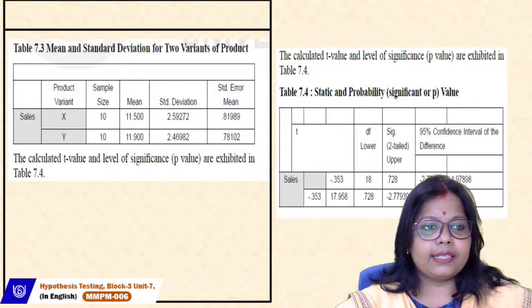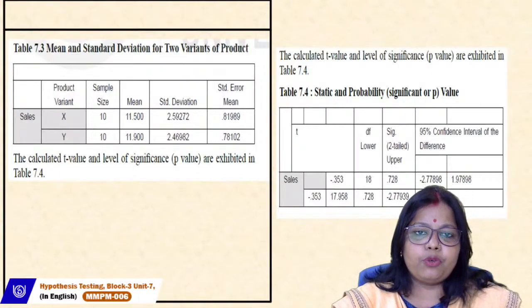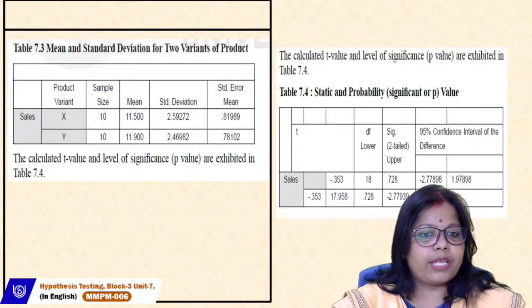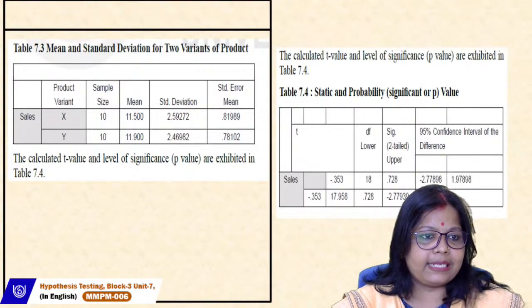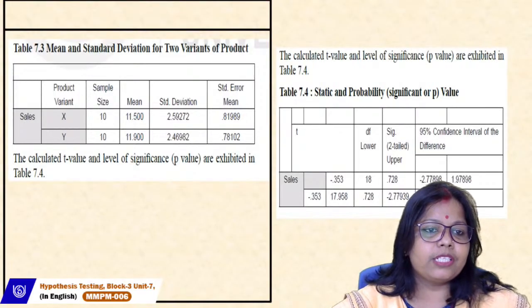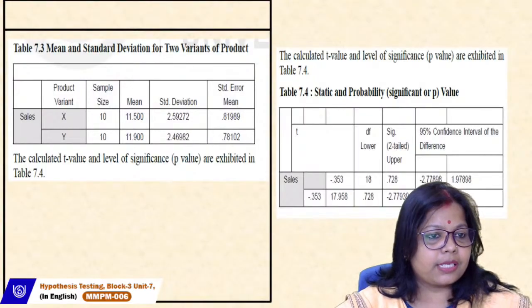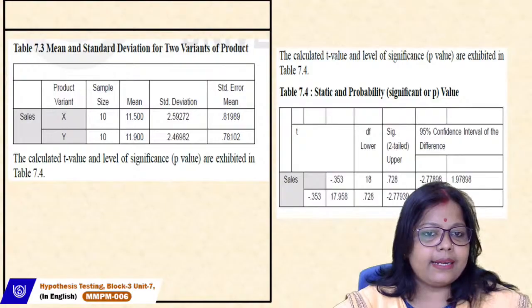It is given in Table 7.3. The mean and standard deviation of the two variants of the product we have calculated. The mean is 11.50 for X, and 11.900 for Y.